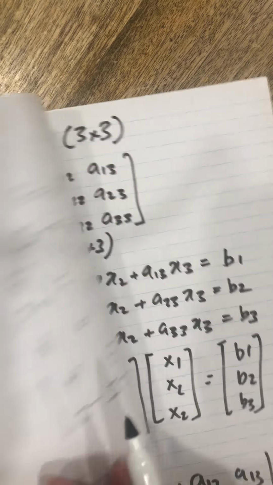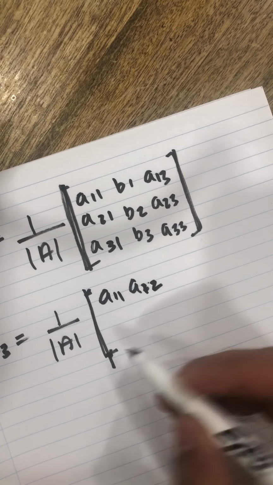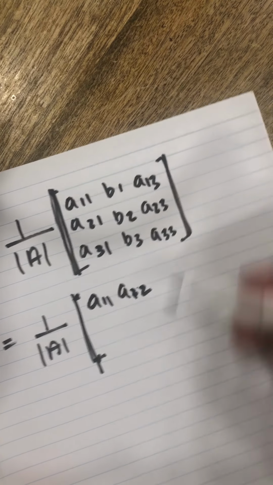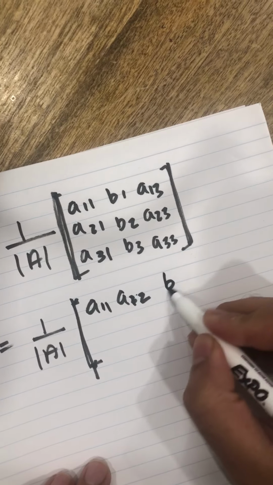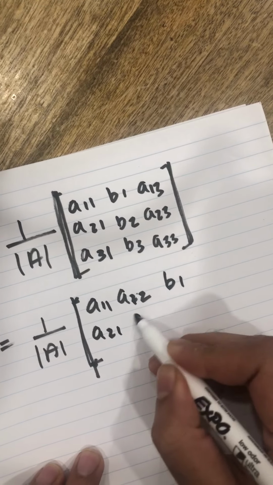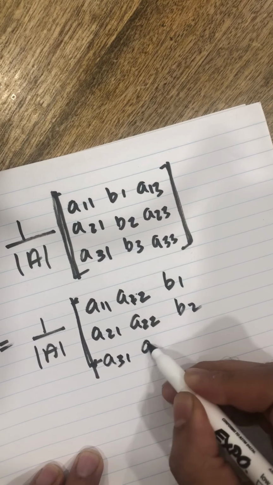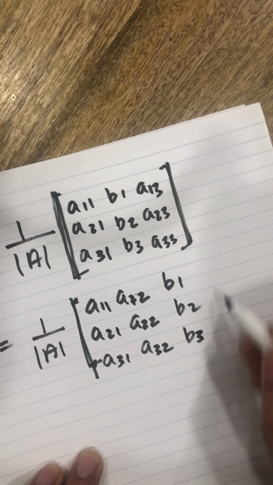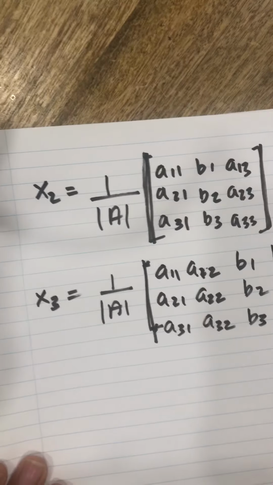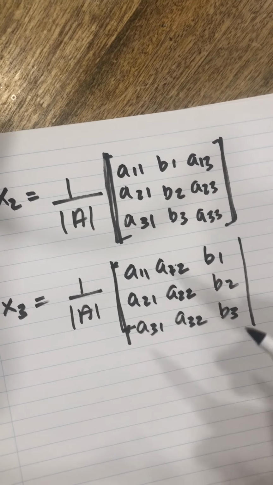It's going to be a11, a12, b1, then a21, a22, b2, then a31, a32, b3.